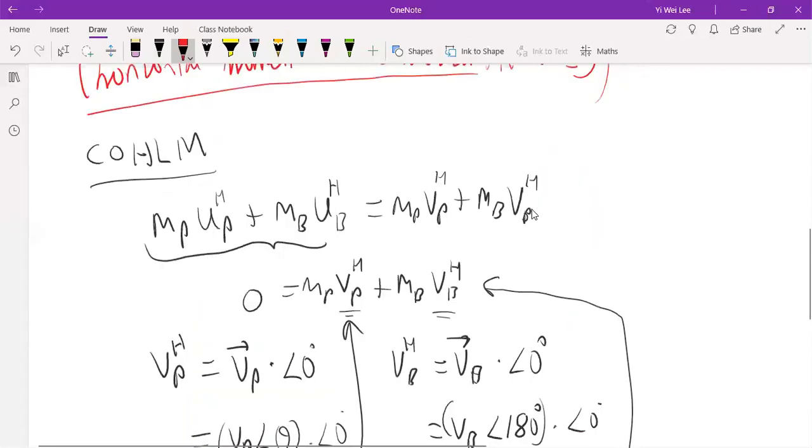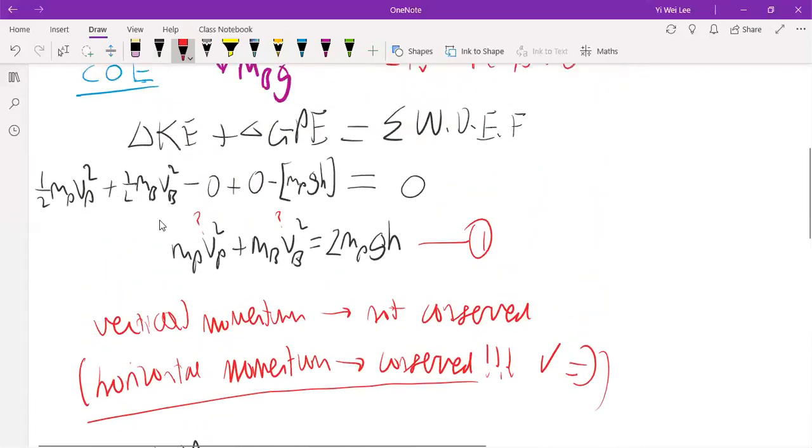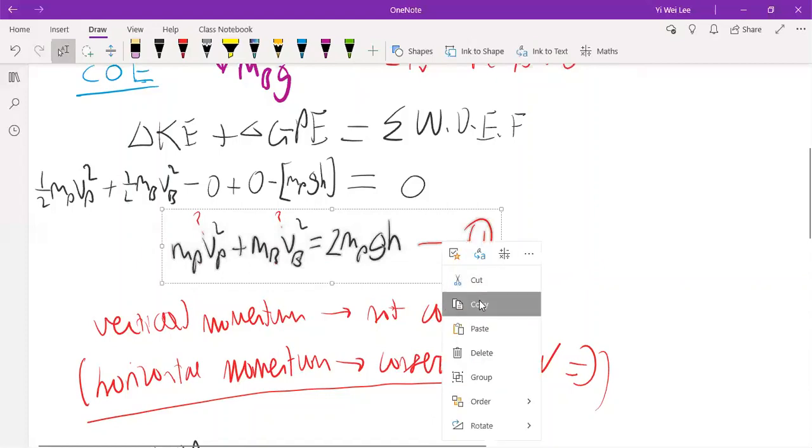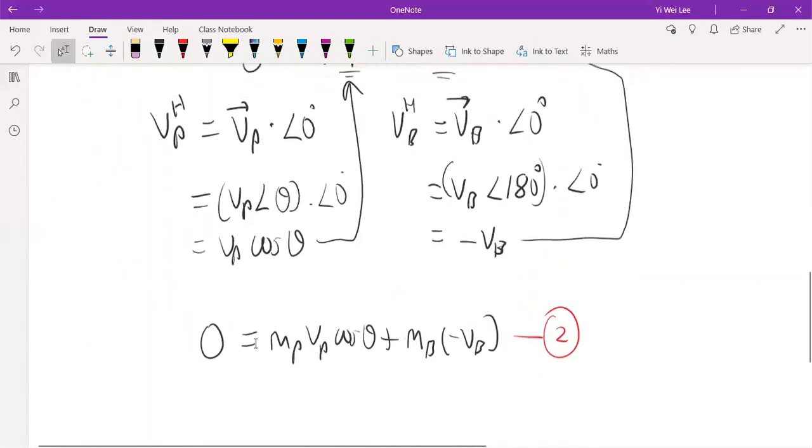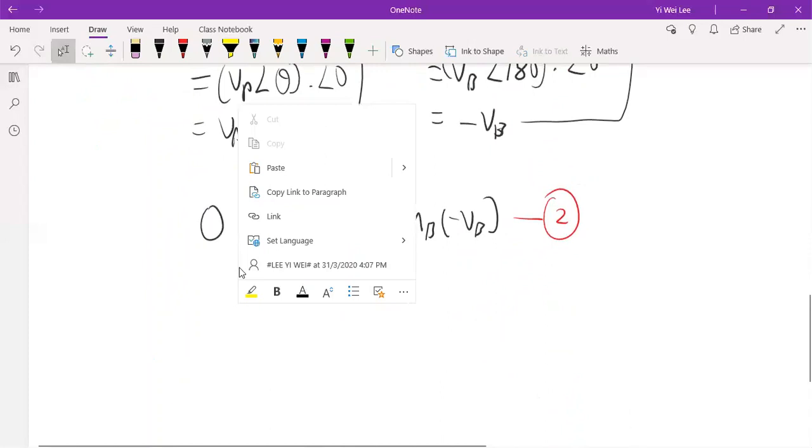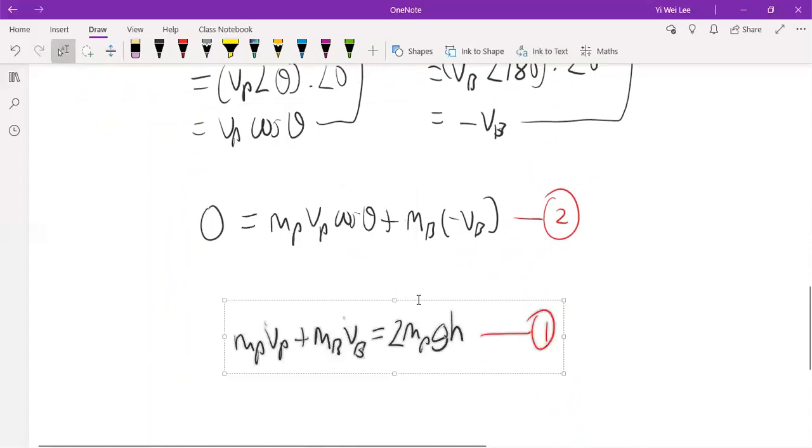What is our first equation? This is actually our first equation. Just copy this and put it down there so it's easier for you to see.